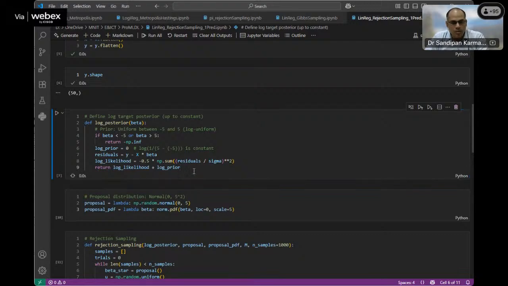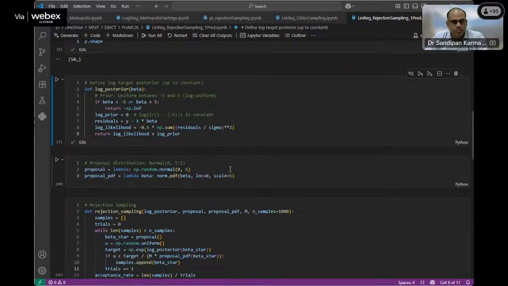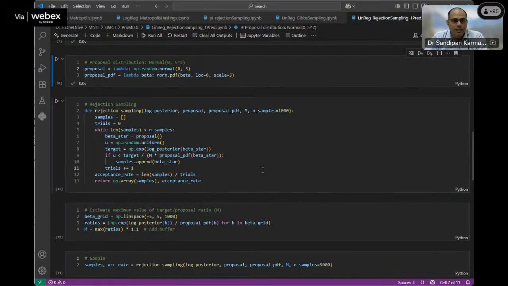Now for the proposal, I have taken a normal distribution, and from this proposal normal distribution I am sampling beta. Then rejection sampling comes into the picture. Samples is an empty array, and trials I have started at 0.